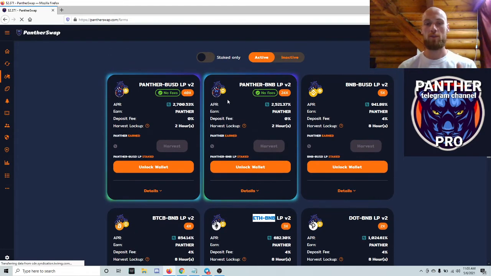Even from there, you have risk profiles. If you decide to farm and you put your money in a Panther pair, so Panther BNB, Panther BUSD, that means that you think at least a little bit that Panther is a good choice. Because in order to make that pair, you put 50% of your money into Panther.